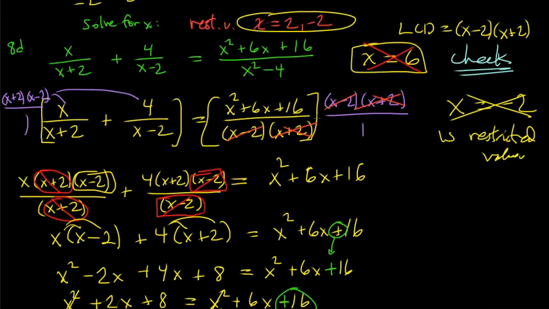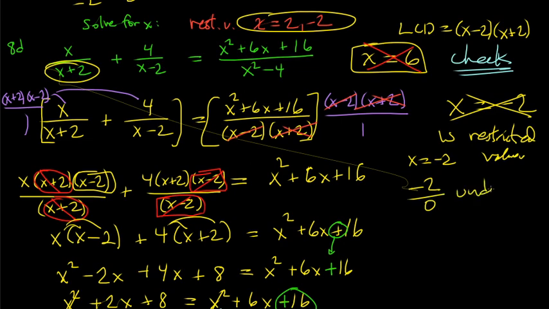And in particular, if you check x equals negative 2, notice what happens right away. In the first denominator, you get negative 2 divided by 0, which is undefined. You cannot divide by 0. Okay, so if that's not the answer, what is? There is no answer. There's no solution.